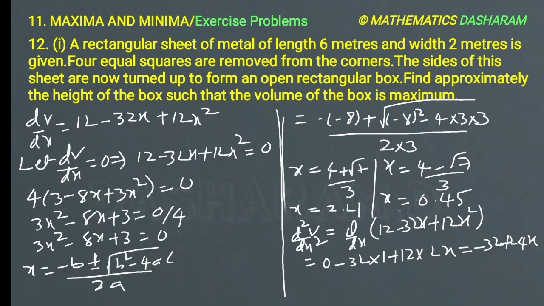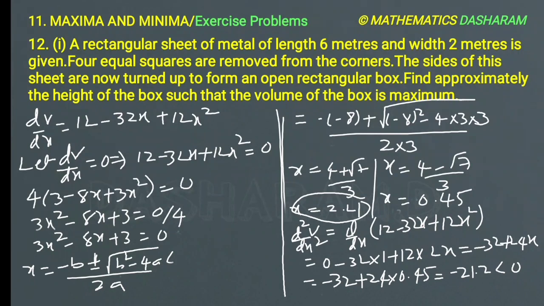So I am substituting x value 0.45. So minus 32 plus 24 into 0.45. So here we got the negative answer. If you substitute x equal to 2.21, you will get the positive answer.